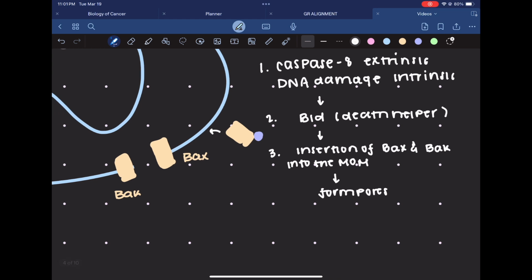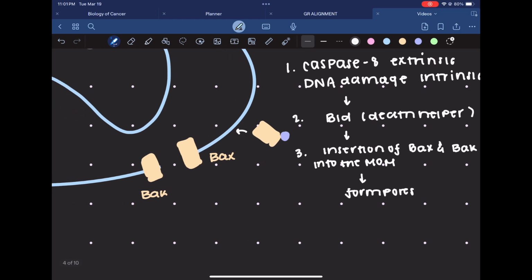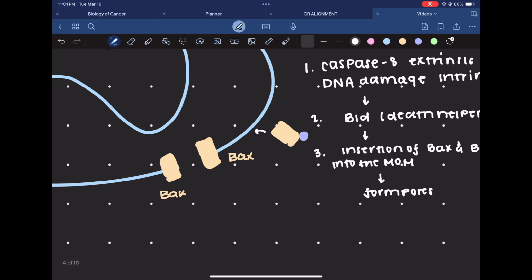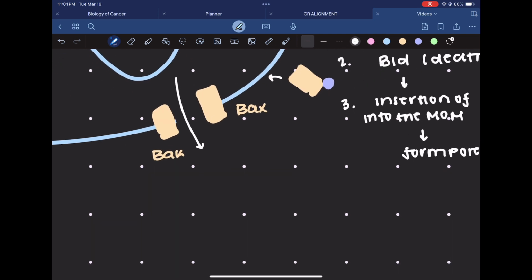So once we've formed our pore, what's going to happen next? We release 3 different molecules into the cytoplasm when we form this pore, and these are stored inside the mitochondria.